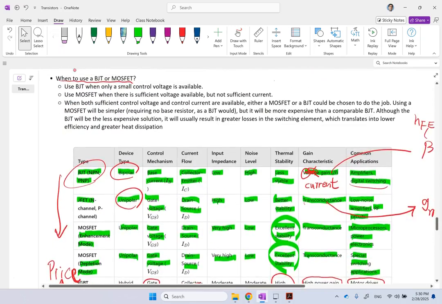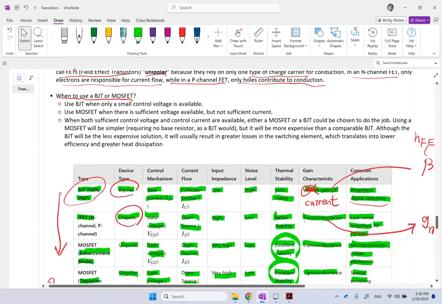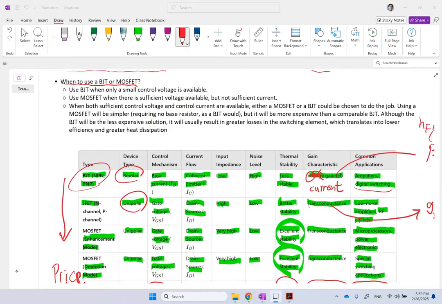Okay. Now, going back to when you pick a BJT or a MOSFET, because MOSFETs are mostly more expensive. We use BJTs when we only have a small control voltage. We might have enough current, but the voltage that we have is not a lot.